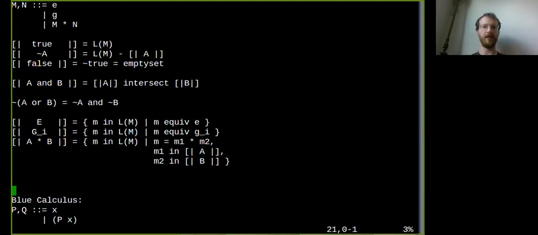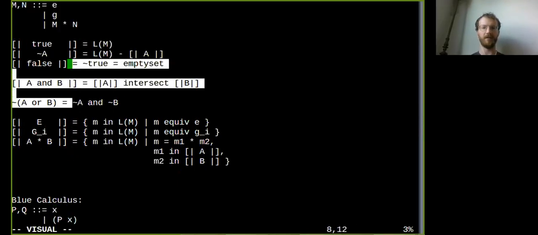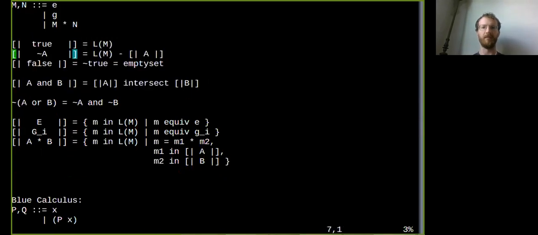Okay, and so all of those logical statements so far we've just gotten from our collection type. And now from our language, we also get to pick out statements. So we have our E, our identity element, and this just picks out all of the statements in our language that are equivalent to the identity element.